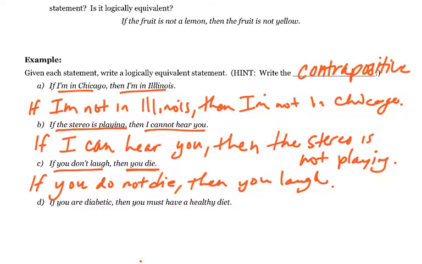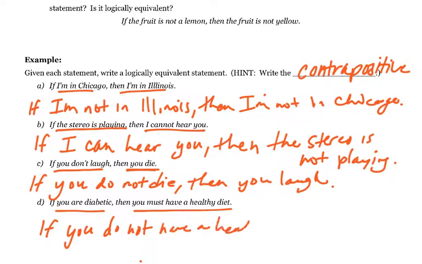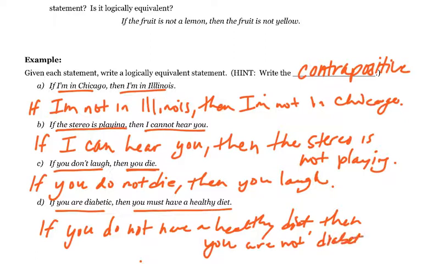Okay, if you are diabetic, then you must have a healthy diet. So this would be if you do not have a healthy diet, then you are not diabetic. That's not necessarily true.